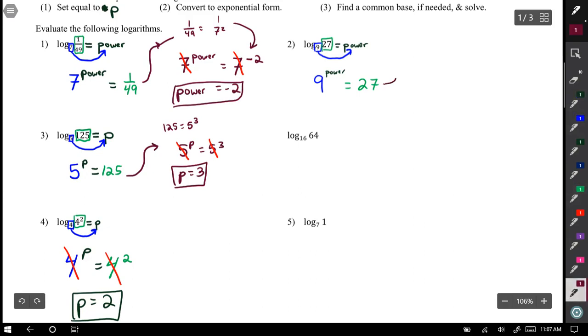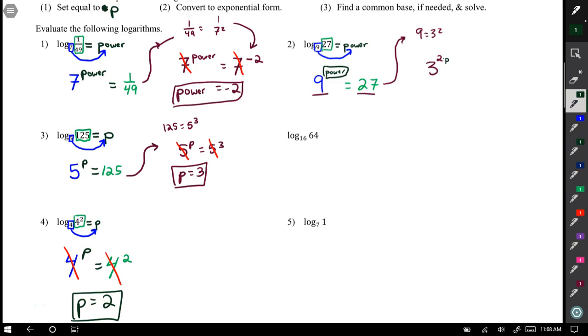So I want to create a common base. Sometimes I need to do it between both of them. So in this case, let's look at 9. I know 9 is 3 squared. That's not bad. So 3 squared is 9, but remember, I still have this power here, so 2 times P. So equals, well, 27.